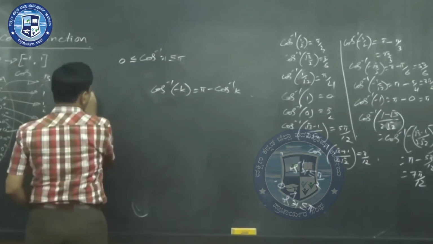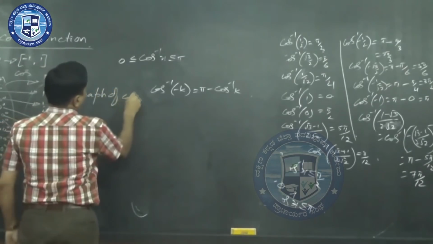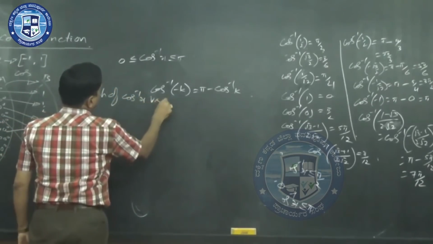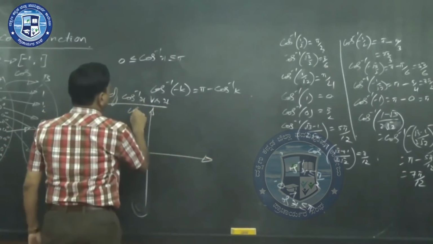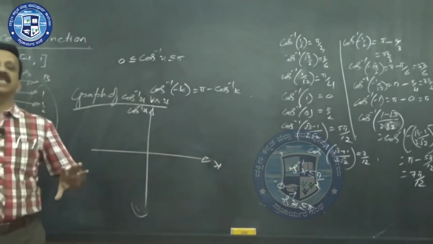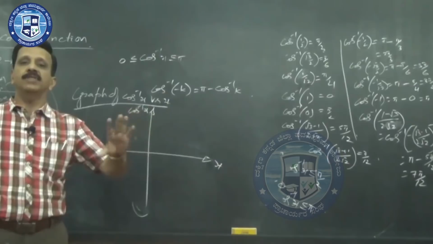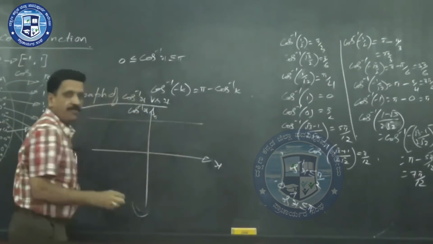Now let us see the graph of cos inverse x versus x. How will it go? See the graph, this is cos inverse x and this is x. The maximum value of cos inverse x, it's an angle, is pi. The minimum value is 0.